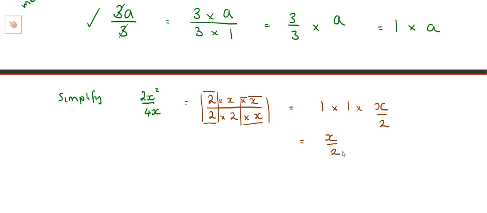Right. Now in reality, what you might choose to do is say, right, 2x is there, that's what the 2 means, so I'm going to cross one of those out and get rid of that one. And then a 2 and a 4 gives you a 1 and a 2.